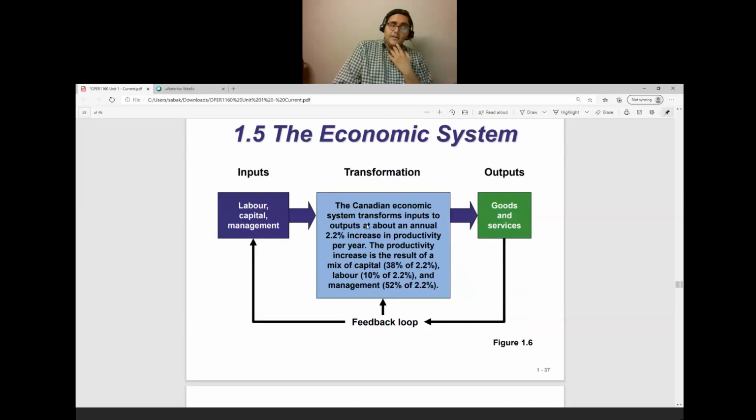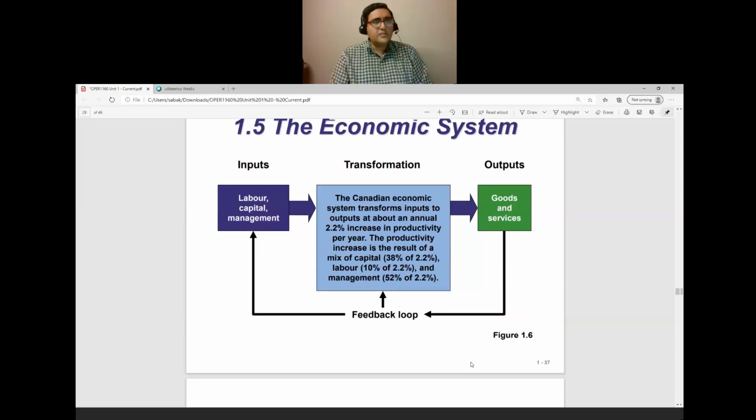The outputs could be the goods and services. So this is about the economic system. If you're trying to find how the economic system works, these are the inputs and these are the outputs. Remember, the Canadian economic system transforms inputs to outputs at about a 2.2 percent increase in productivity per year. So that's like your GDP part of it.